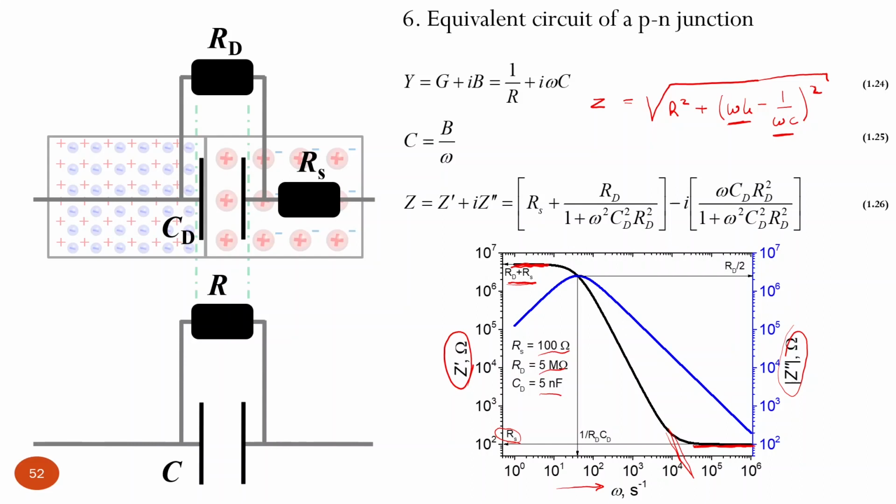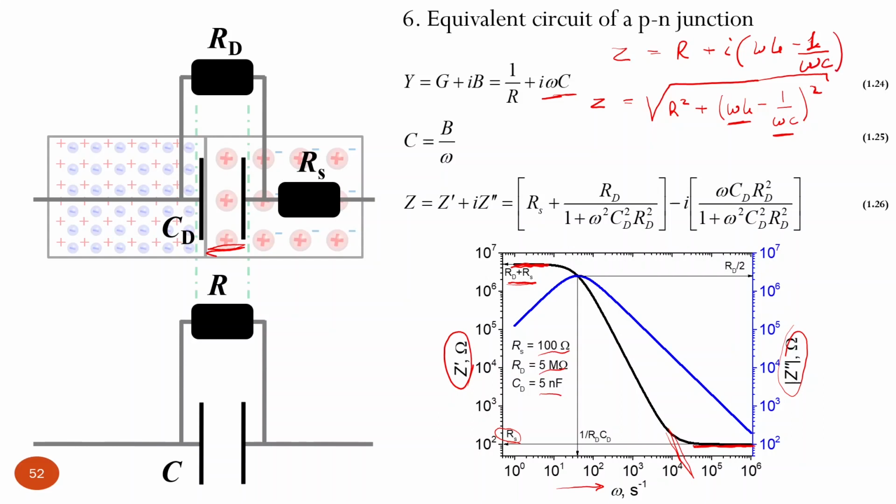Since we have a capacitor here, we have negative value for imaginary part of impedance, because if we show it in complex form, it will be active resistor plus i times omega L minus unity divided by omega C.